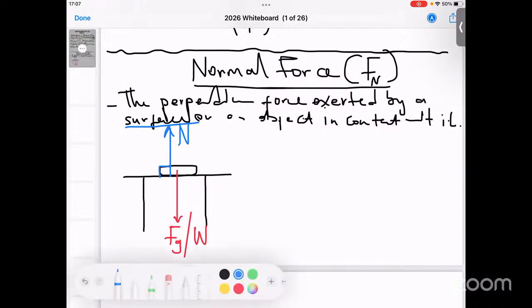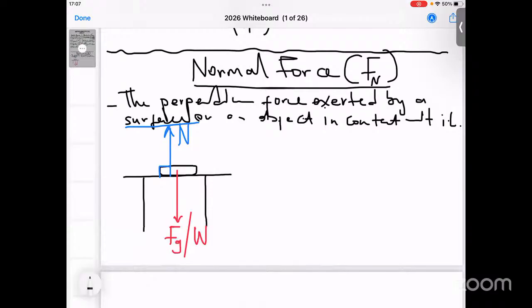So in terms of a formula, we can therefore conclude that since this calculator is not moving, it is stationary there on the table, the force exerted by gravity is equal to the normal force. This is the formula we can use to describe that situation.